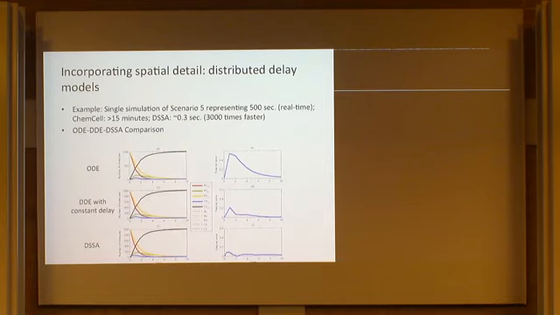Now, this is another interesting story. What we do here is also for scenario 5, but we assume we have the spatial data given, and then we either try to find an ODE that matches it, or a DDE with a constant delay, or we use our DSSA.